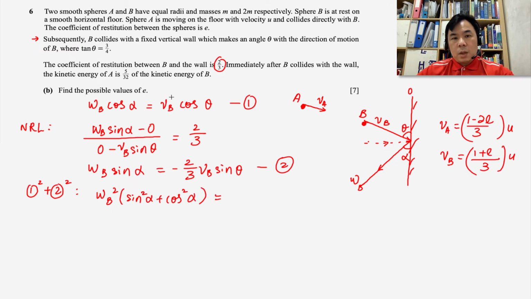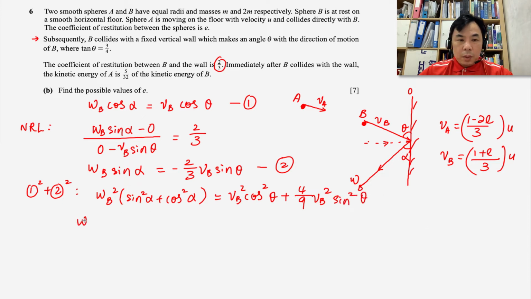That will be the same as v_B squared cosine squared theta plus, you will notice that the negative doesn't really affect our calculation, 4 over 9 v_B squared sine squared theta. And then W_B squared is equal to all this calculation here, and we can substitute all this information in.